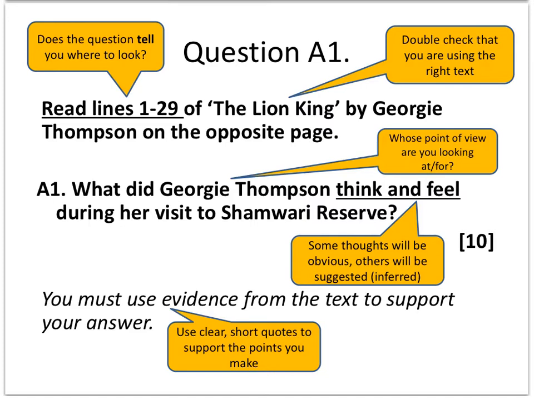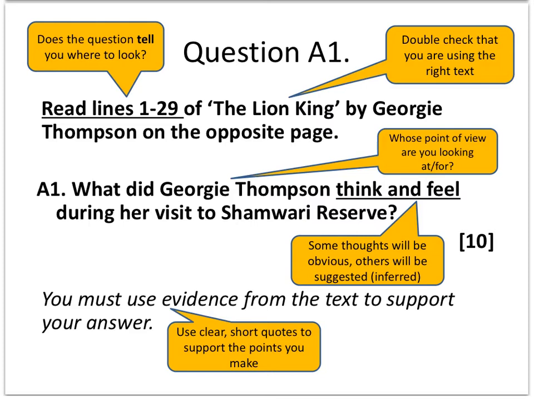So the first thing you should look at is, whose point of view are you looking at or for? The next thing is to note this particular phrase, think and feel, during her visit to Shamwari Reserve. So you should think about, some thoughts will be obvious, whereas others will be suggested.